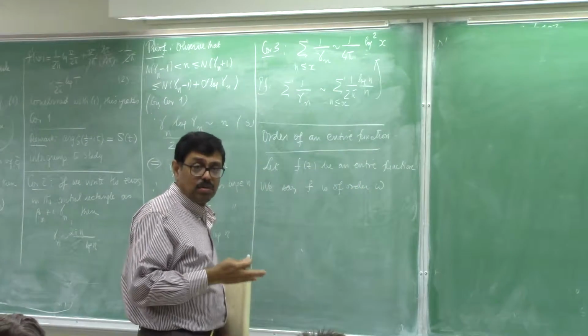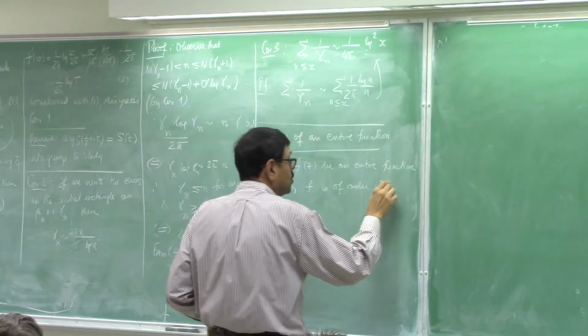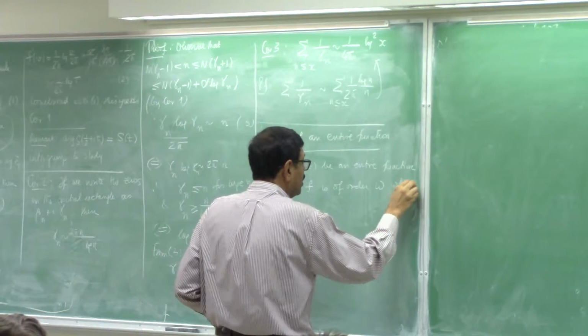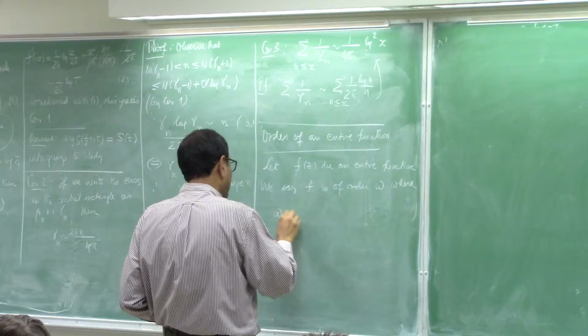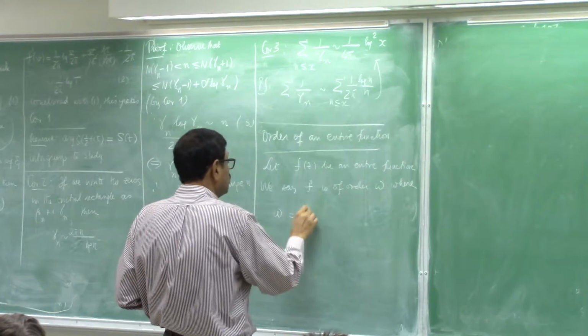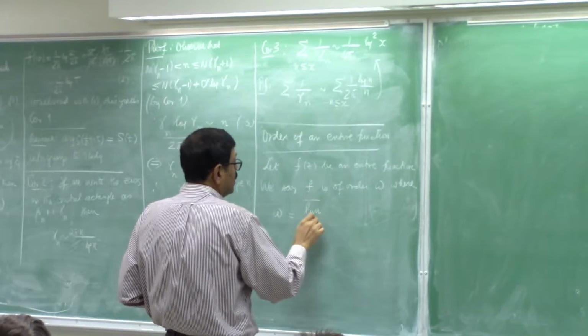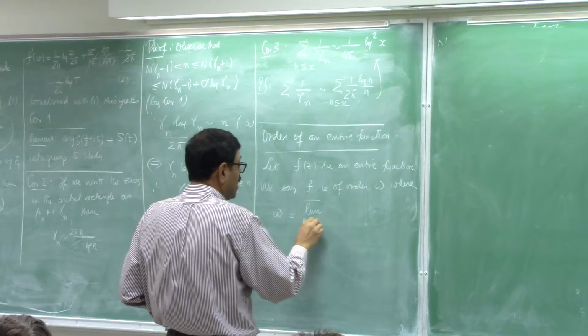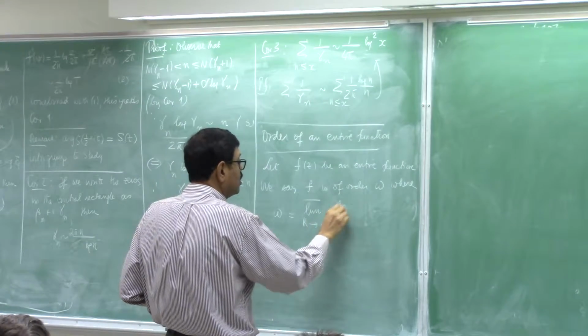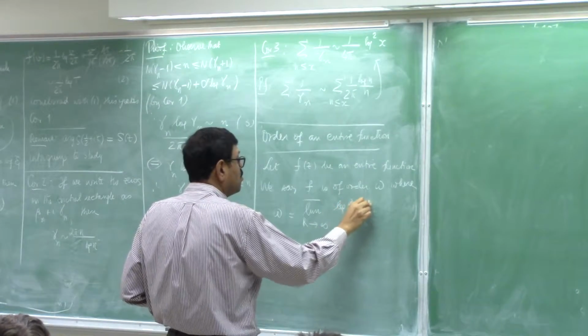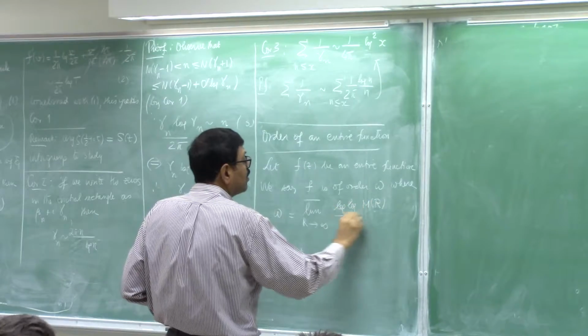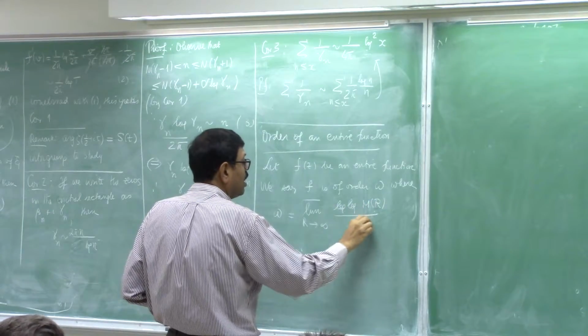Omega could be 0. We're going to see what omega is there. But this is defined. Omega is the lim sup as r tends to infinity of log M of r divided by log r.